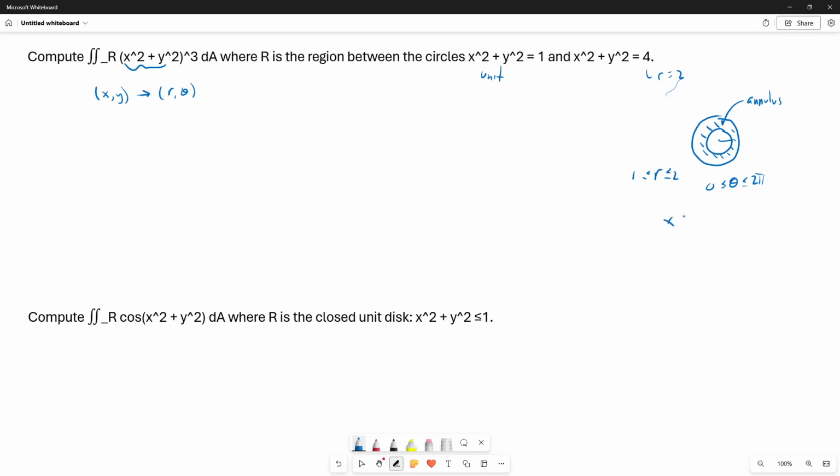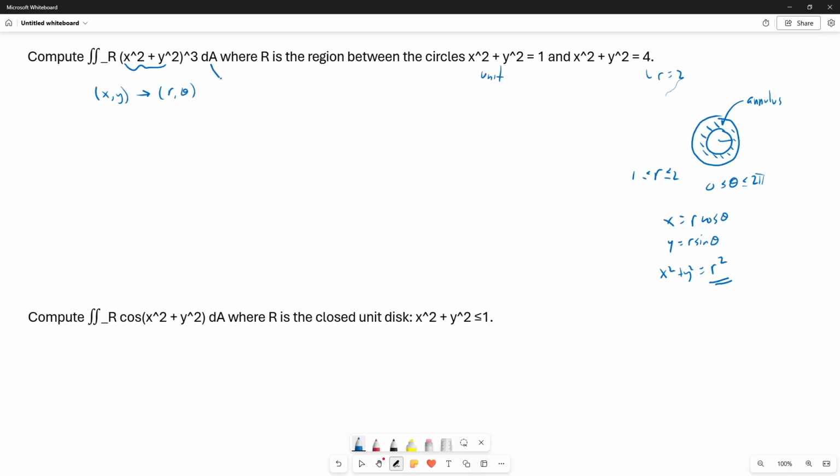Moreover, in polar coordinates, x is equal to r cos θ, y is equal to r sin θ. x² + y² is r². So x² + y² in our integrand converts very nicely into polar coordinates.